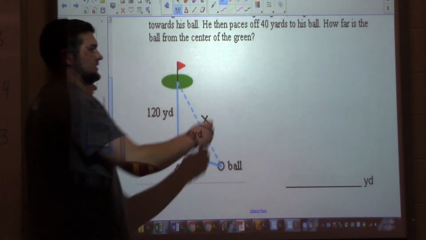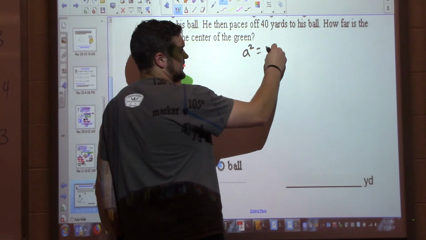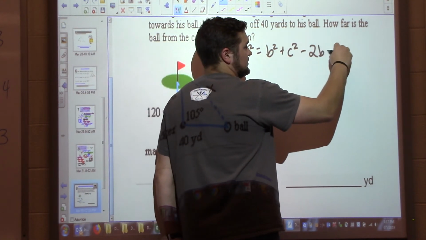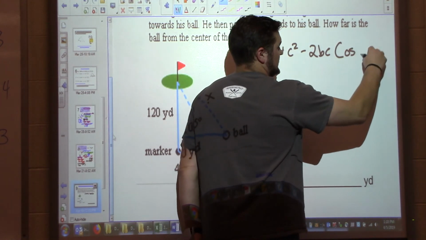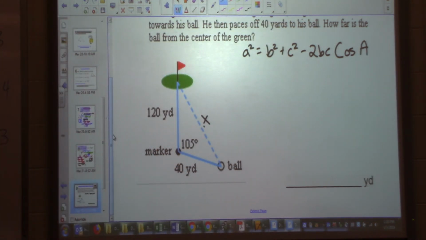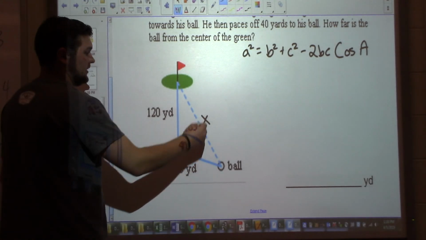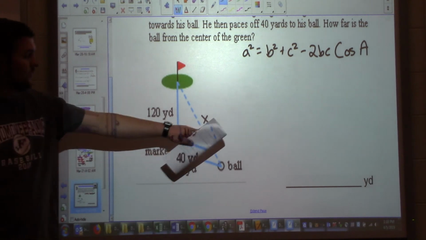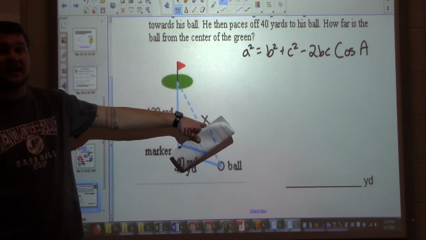Law of cosines says a squared equals b squared plus c squared minus 2bc times the cosine of angle A. So all I'm going to do is plug my numbers into my formula to figure out the side I'm looking for.